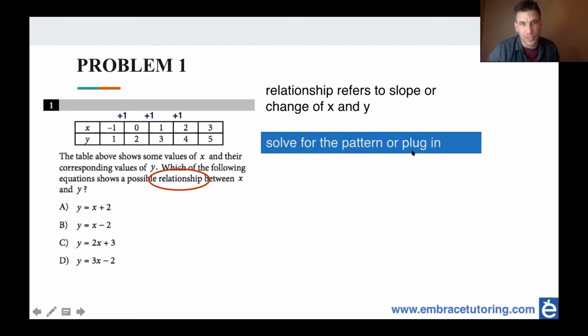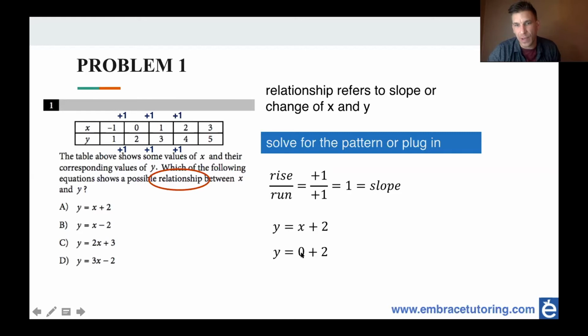My pattern here is +1, +1, +1 as I'm going through, and my pattern on the bottom is +1, +1, +1. So my rise over my run is going to be +1 over +1, so this is going to be my slope. Which means this is a +1, then I would be down to A and B, and I would probably end up plugging in anyway for my x equals 0, which gives y equals 2. So A is still continuously going to be my best answer.